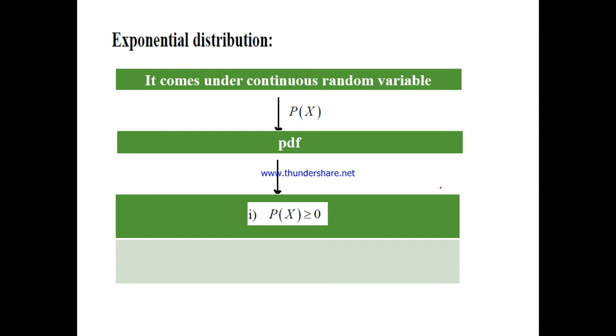The first one is P of x greater than or equal to 0. Second one is when P of x gets integrated between the limits minus infinity to plus infinity, it should give us 1. Therefore, our exponential distribution should satisfy these two conditions, which we are going to see in our next slide.